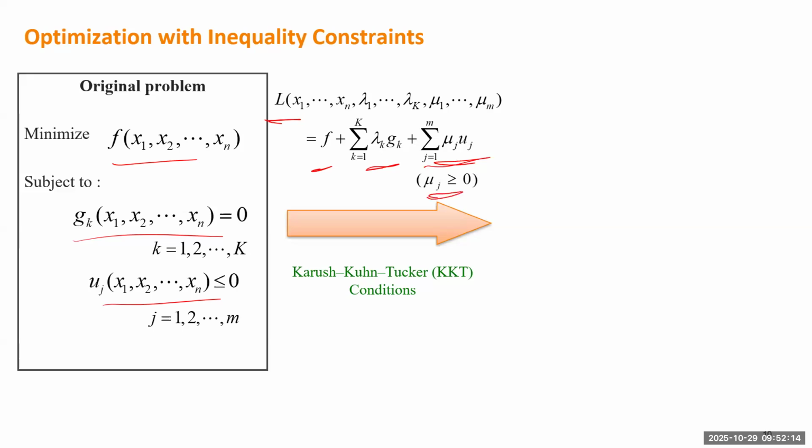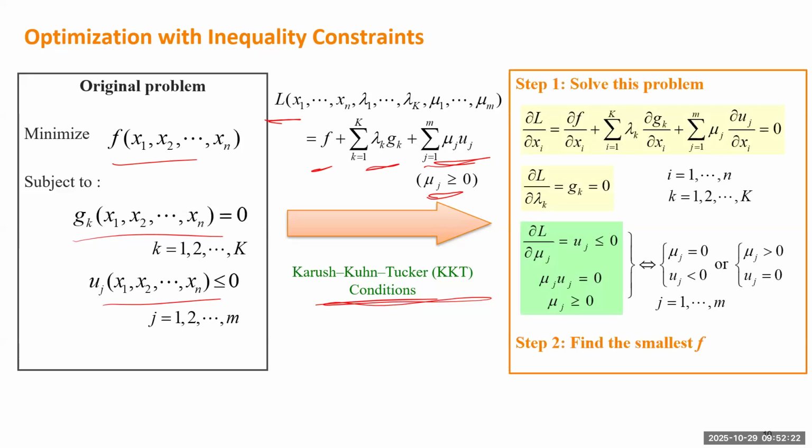We will make sure the mu, the penalty, is non-negative. Then we introduce the KKT conditions. Then we have a set of equations or inequalities to solve. Finally, we just find the smallest f value from all the candidates.